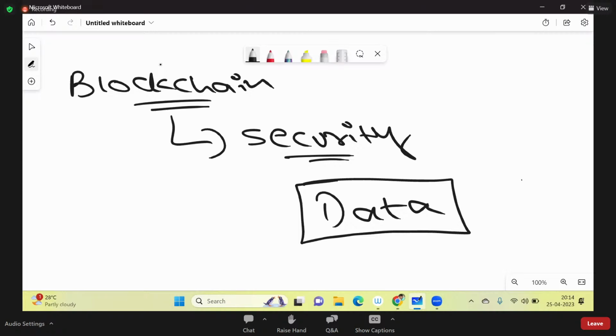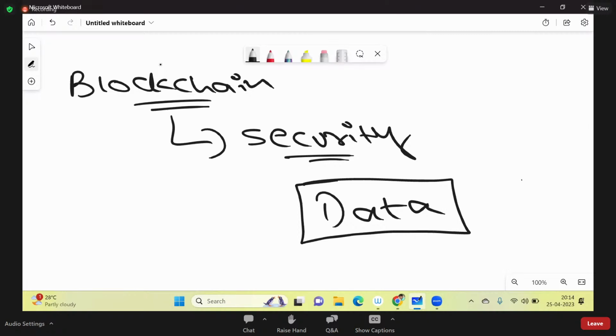So blockchain technology is in a position right now to protect the data. We are providing security and transparency to whatever data it may be. That is the reason today there is a lot of demand for this technology, because data is getting generated enormously.